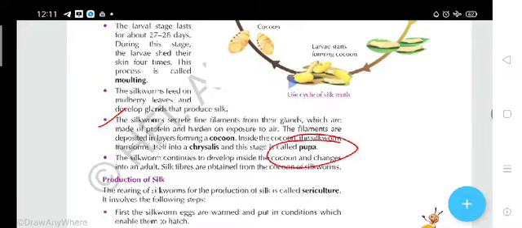When the silk moth is inside the cocoon, this stage of that moth is called the pupa stage. The silkworm continues to develop inside the cocoon and changes into an adult. Yes, inside that cocoon the silk moth will develop itself, and the silk fiber is obtained from that cocoon of the silk moth. Now the production of silk.